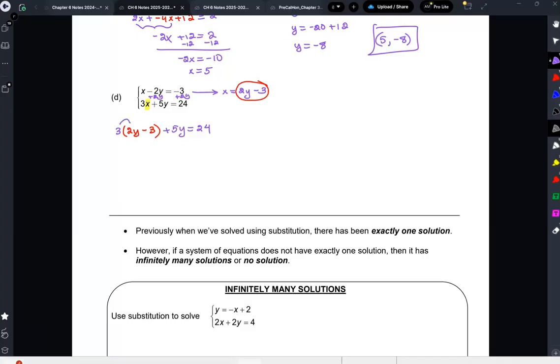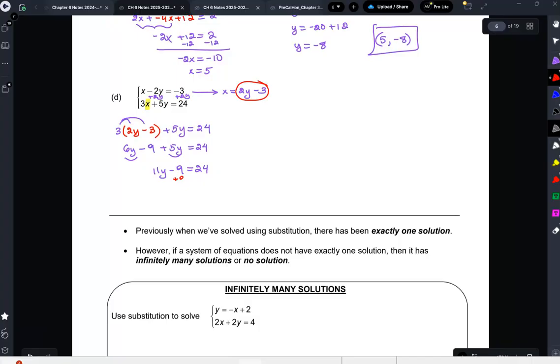Okay, so now let's distribute. 6y minus 9 plus 5y is 24. What does this combine into? 11y minus 9 is 24.